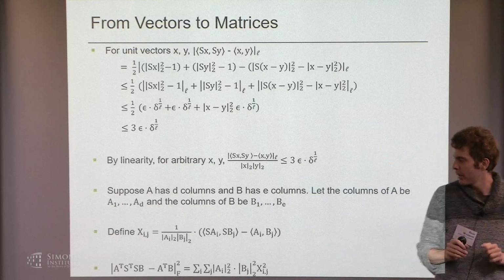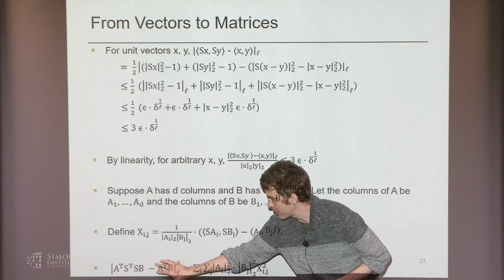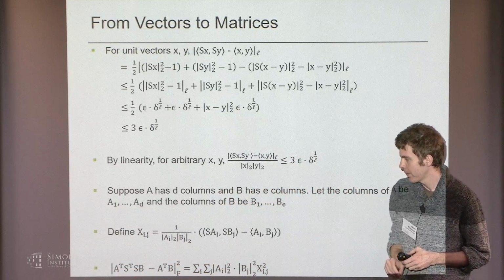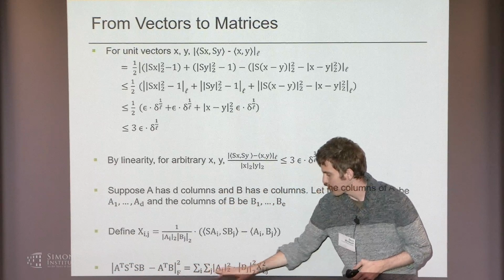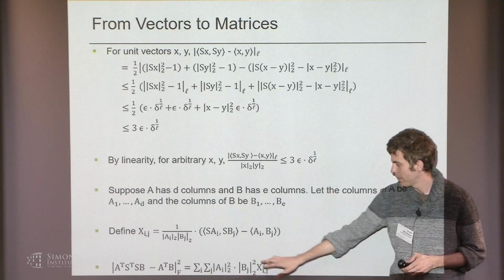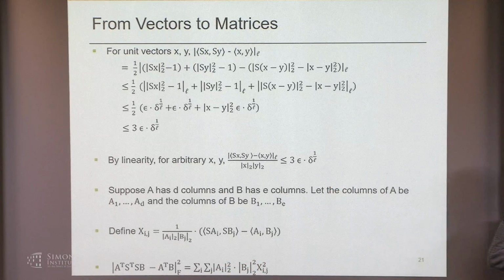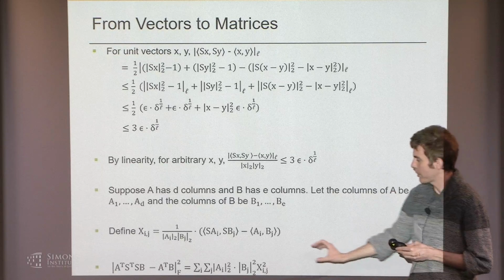So what do we have here? The squared norm of this approximate matrix product that we care about is equal to the sum over all entries i and j of Xij squared times the squared norm of Ai times the squared norm of Bj. That was the point of setting it up like this. Is that clear, everyone? Okay, so now we just want to bound this quantity.